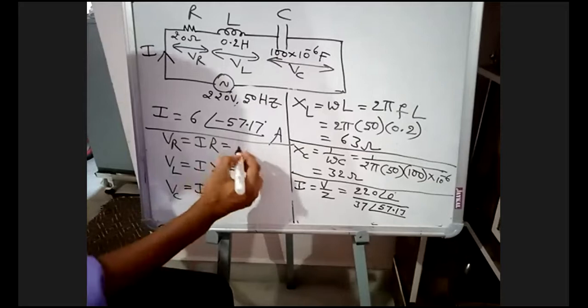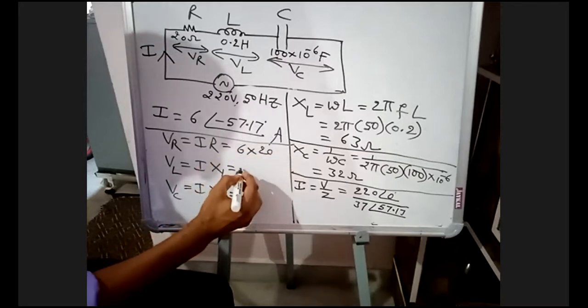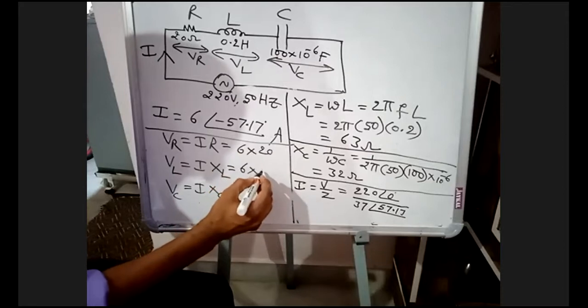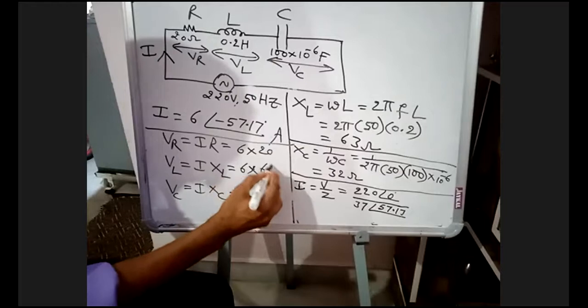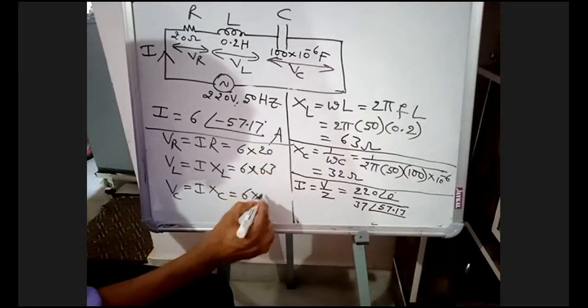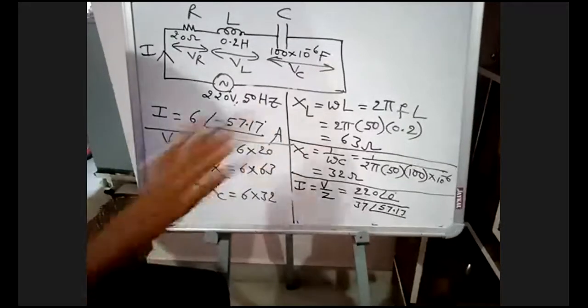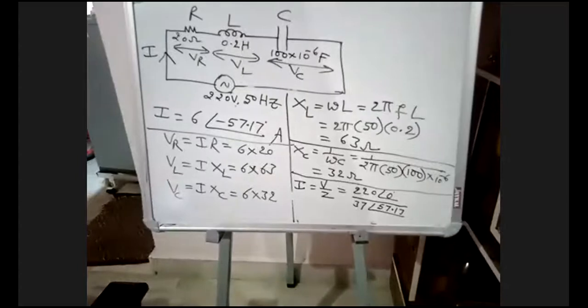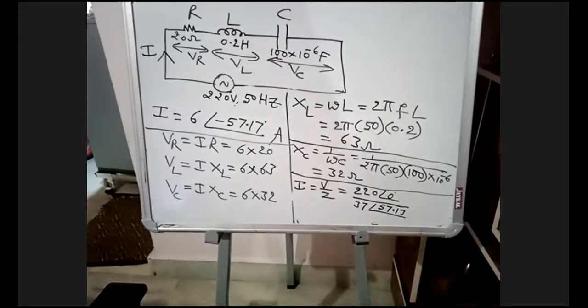In series, current will be the same. What is XL? Your XL is 63, XC is 32.